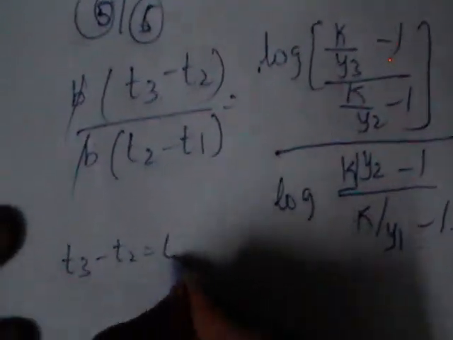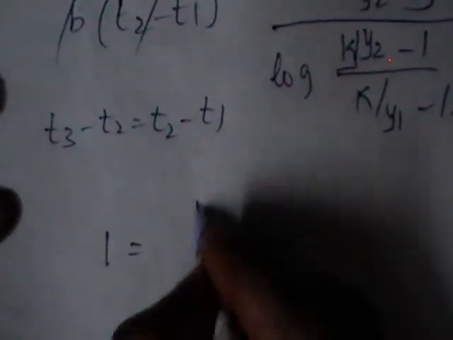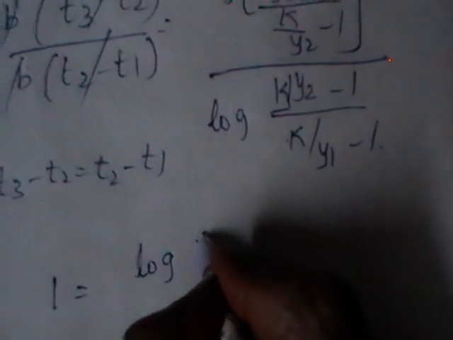So here with k, we got t3 minus t2 is equal to t2 minus t1. This term also cancels. You'll get 1 is equal to log the entire term.